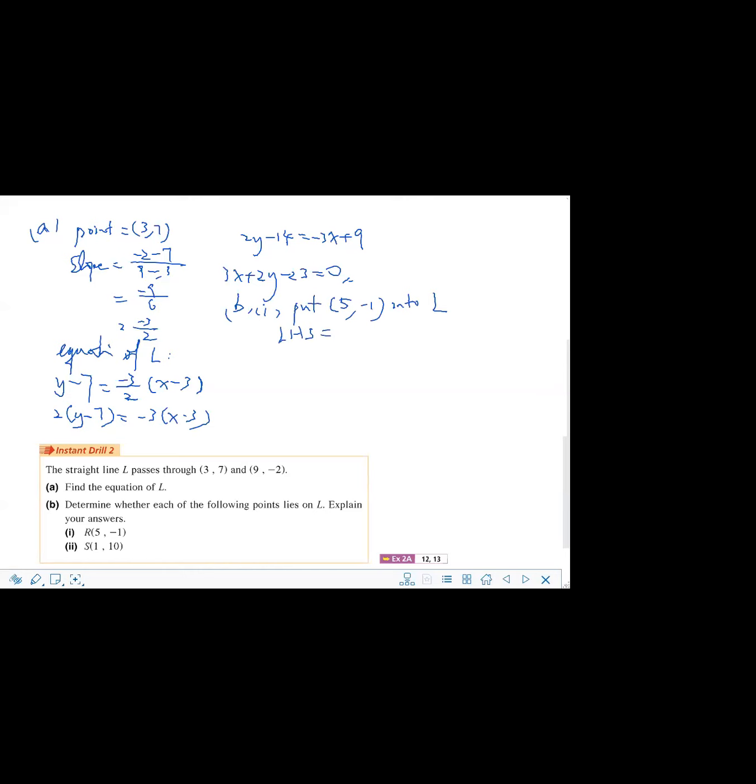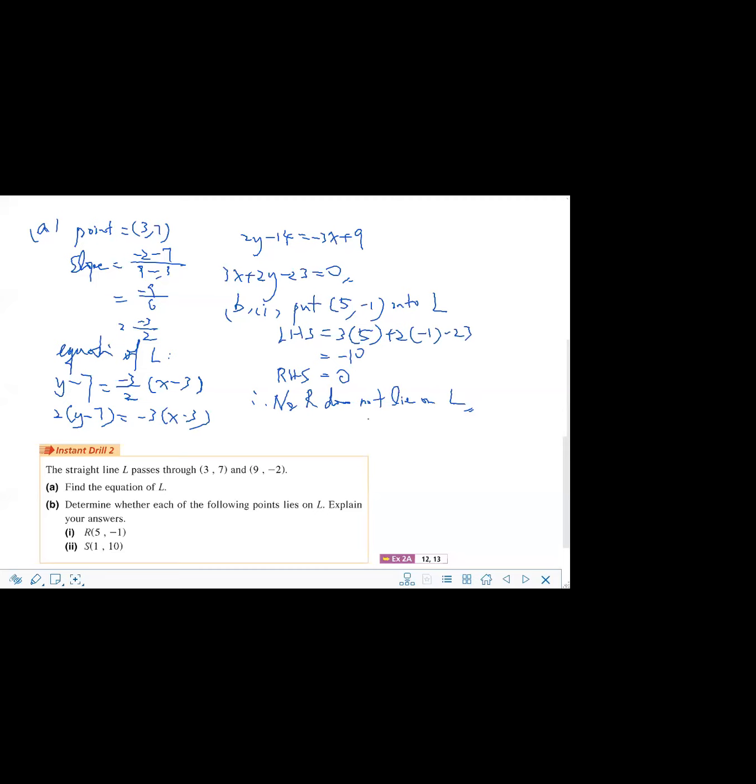So it should be 3 times 5 plus 2 times -1 minus 23, which is equal to -10. And then the right-hand side of the equation is always equal to 0. So they are not equal. Therefore, we can say no. R does not lie on the straight line L, or just no is okay, right?